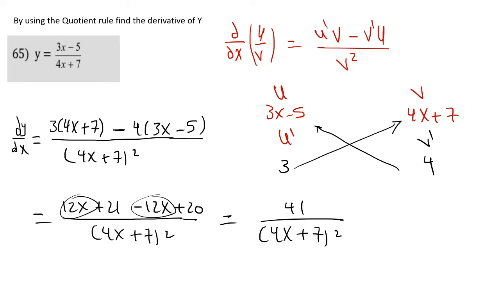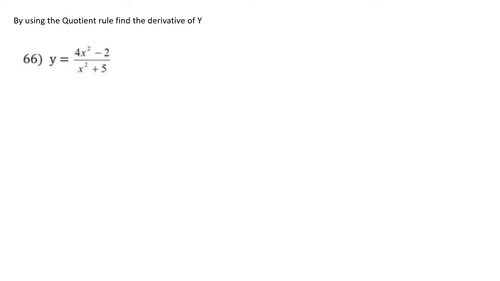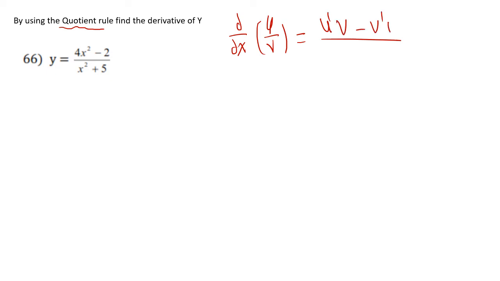In question 66, y is equal to (4x squared minus 2) divided by (x squared plus 4), and we're looking to find the derivative by using the quotient rule. So we know that the derivative with respect to x for u over v is u prime v minus v prime u divided by the square of v.